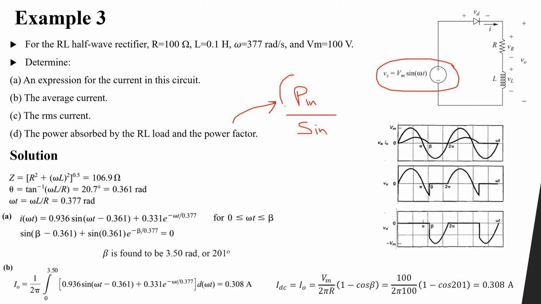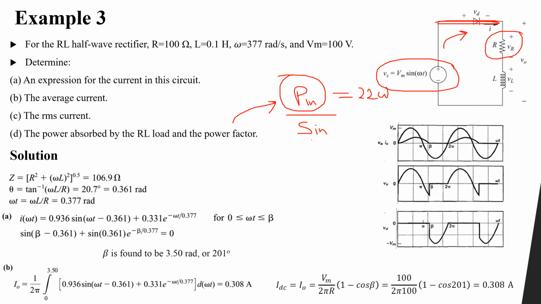The input power of the supply is equal to the power consumed by the resistance, since the diode is treated as an ideal device without any power losses. So all of the power input from the supply is consumed inside the resistance. Input power equals output power, which is 22.4 watts, which we just obtained.